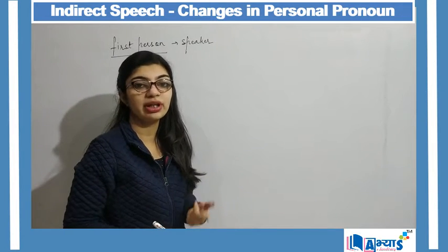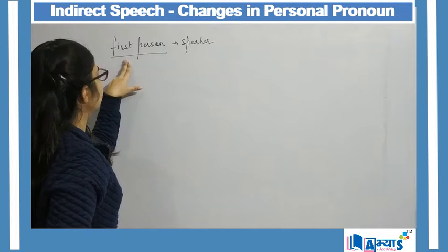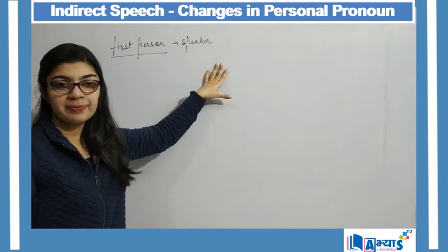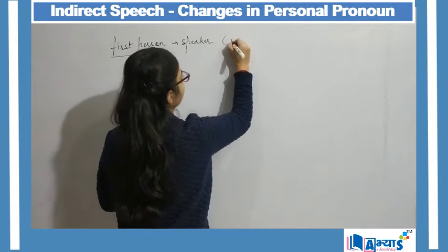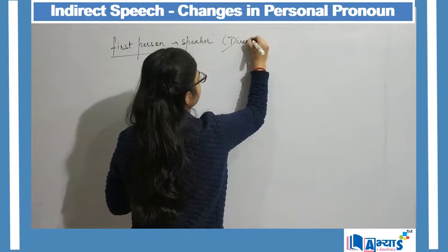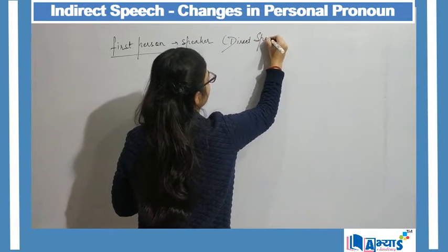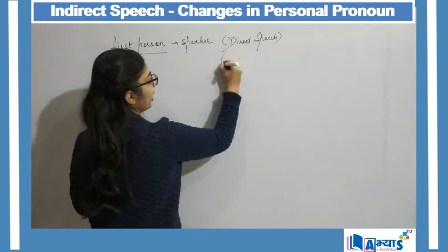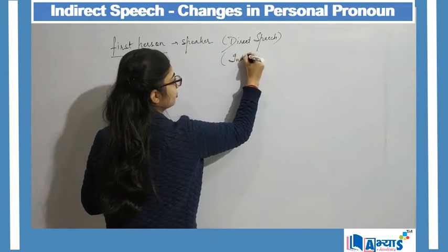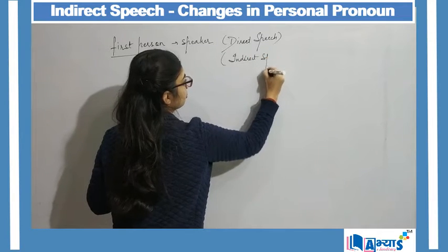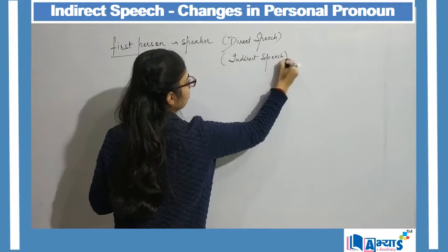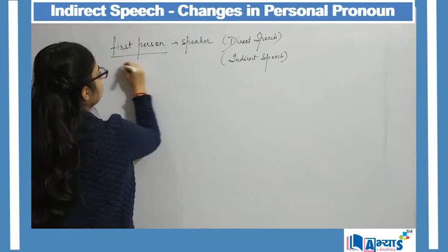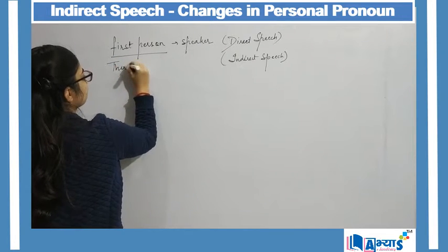So the first person is the speaker in direct speech, but in indirect speech, it will change to the third person.